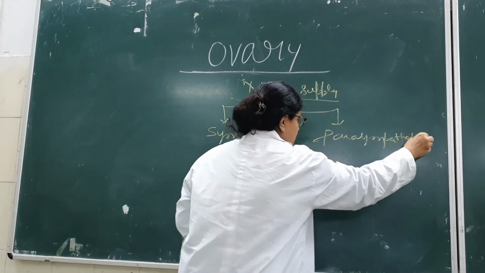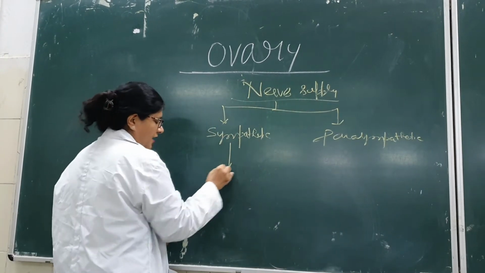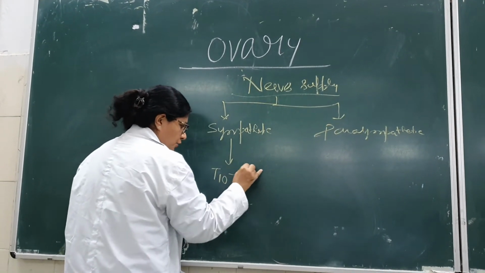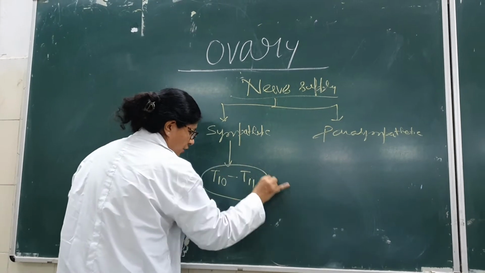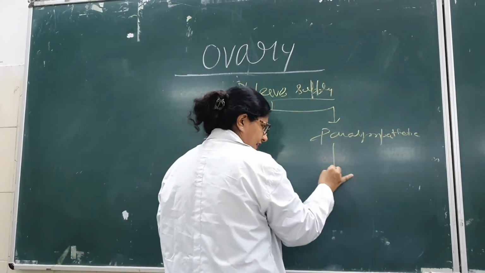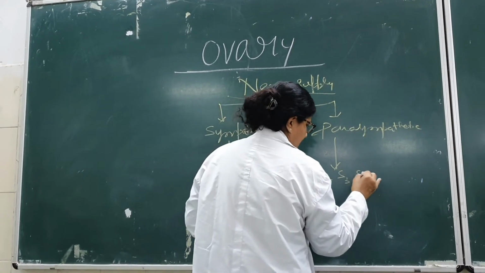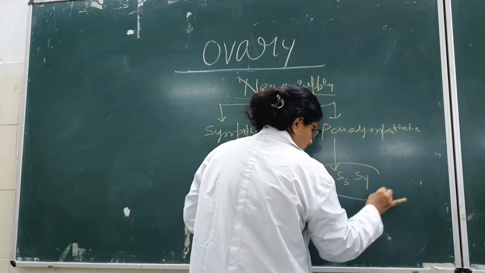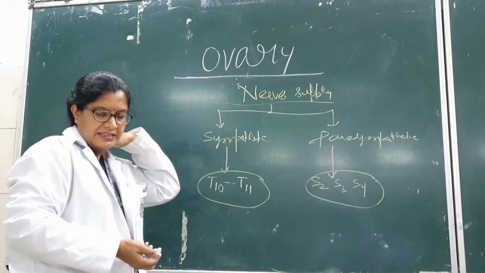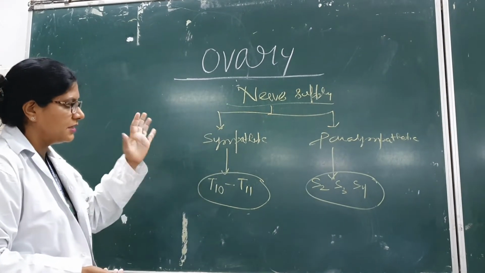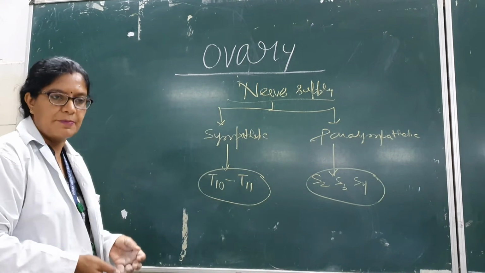Okay, so sympathetic will be from T10 to 11, and parasympathetic will be from S2, S3 and S4. So this will be your nervous supply.